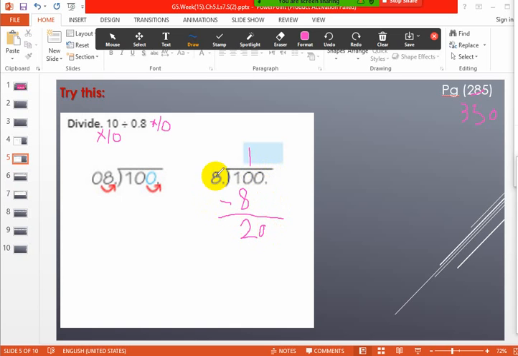Now 20 divided by 8. Which number will I multiply by 8 to give me the closest answer to 20?